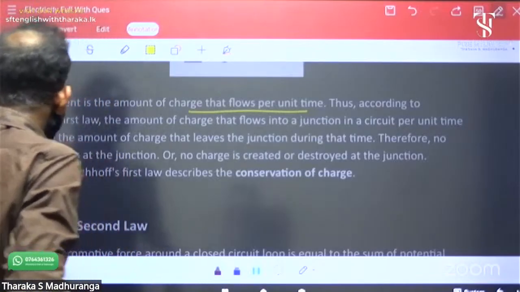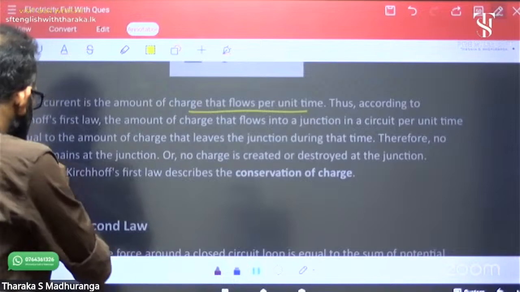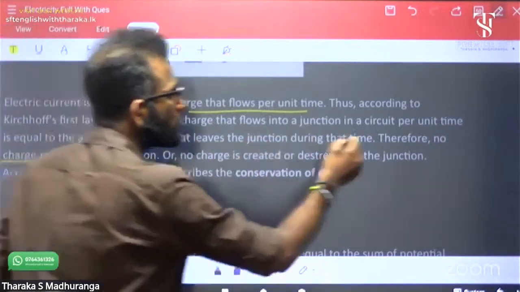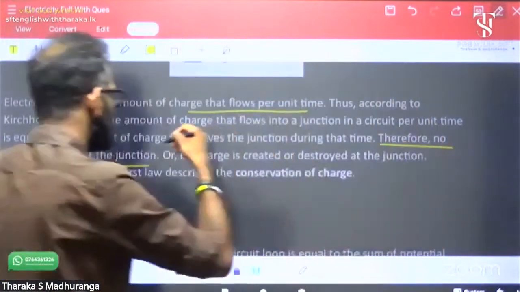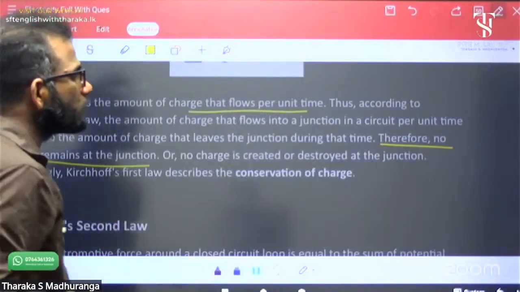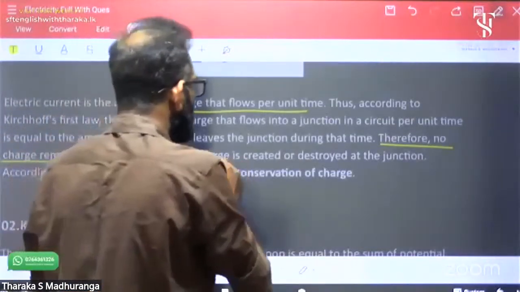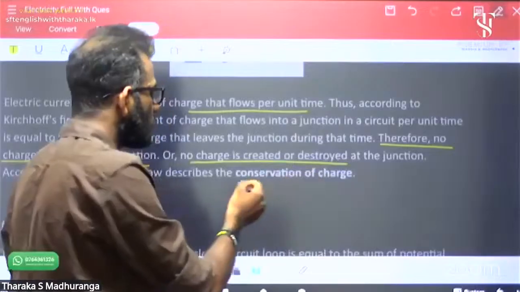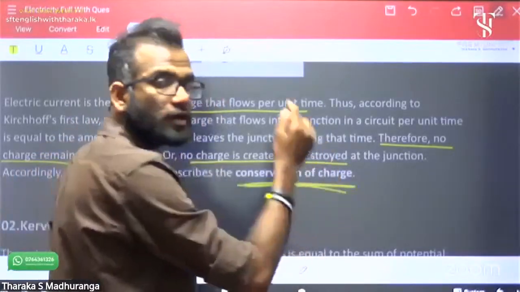Therefore, no charge remains at this junction, and no charge is created or destroyed. That we call conservation of charge or conservation of current.